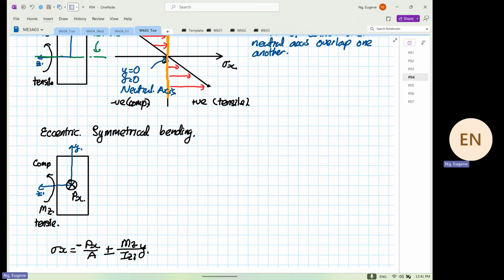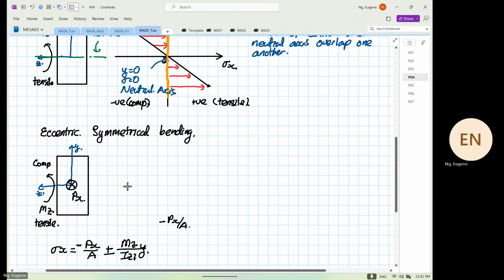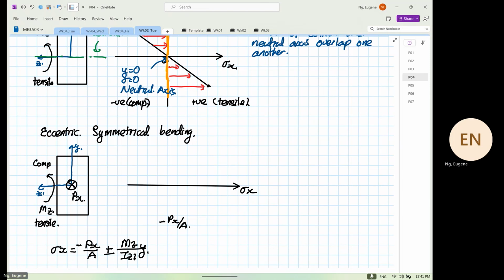It's pulling out, it's going to be what? Positive. So for this case, it's going to be negative. So we are going to now sketch our minus Px over A first. Okay, so again, this is our stress X. And then we have our vertical.